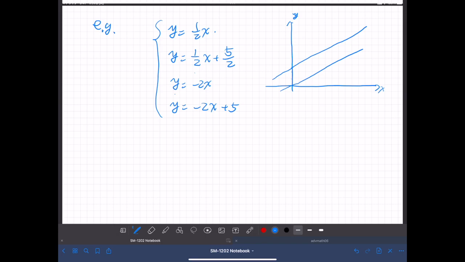And this one is a line passing through the origin like this, and another line parallel to it and passing through the intercept of 5, so something like this.